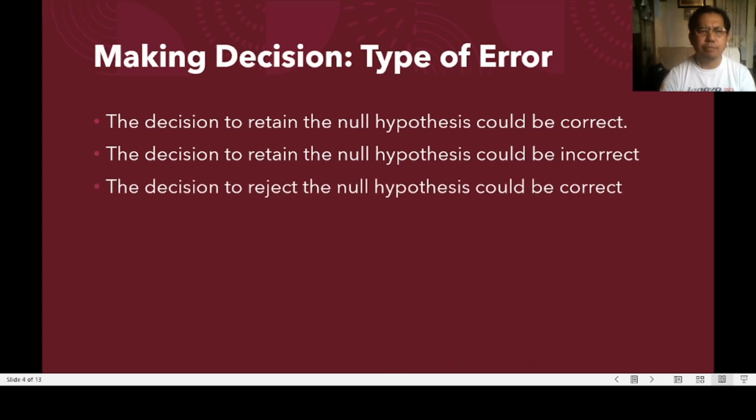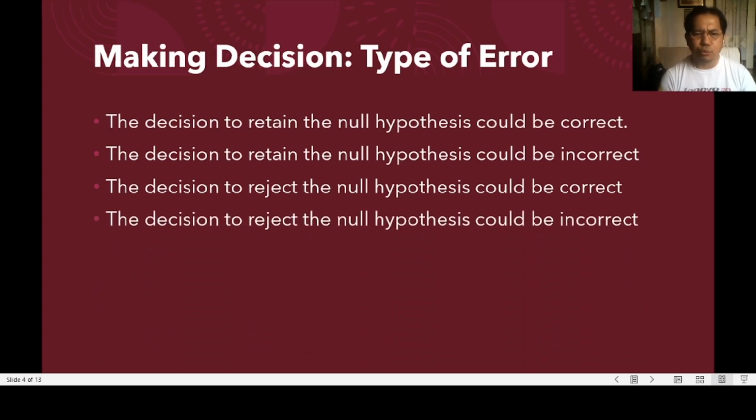Another one is the decision to reject the null hypothesis. What we talked about previously was retain; here it is rejection. The decision to reject the null hypothesis could also be correct, or the decision to reject the null hypothesis could be incorrect.